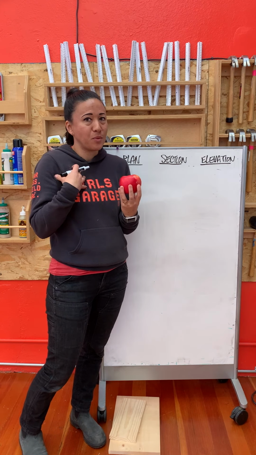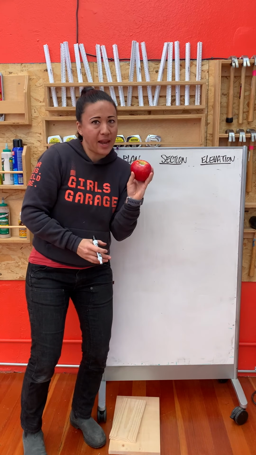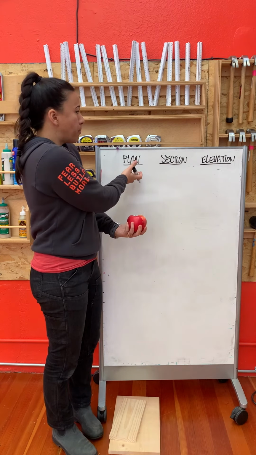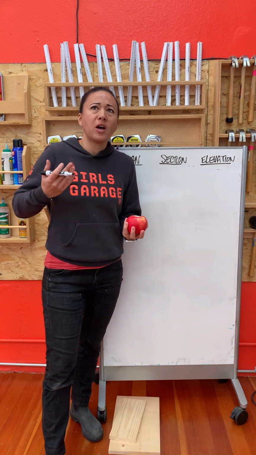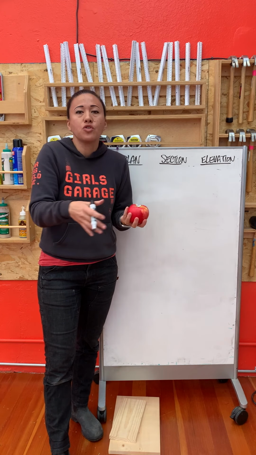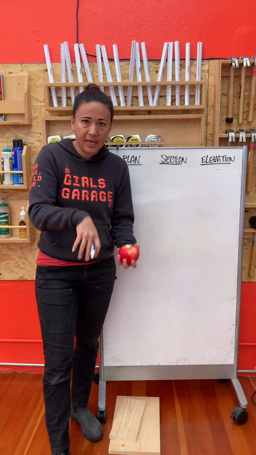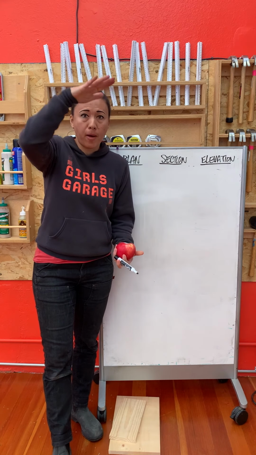I love doing this with a bell pepper because it's so beautiful and complex inside, but we'll start with an apple. Okay, so a plan, I'm sure you've maybe all seen or at least heard of a floor plan, right? A floor plan is a drawing usually of a house or a building that shows rooms and doors and what's happening inside. And it's a view from above, right?